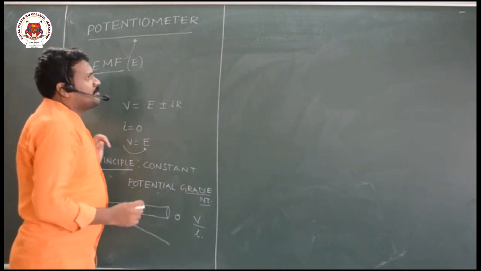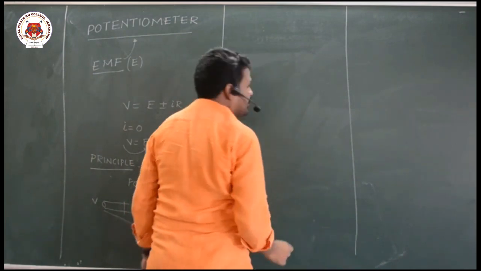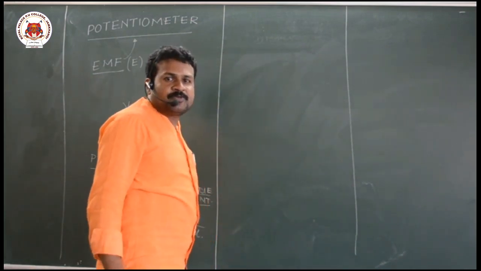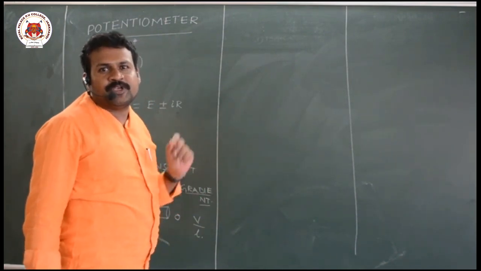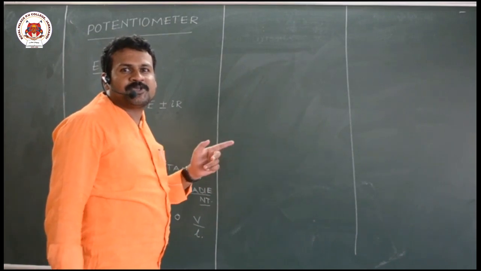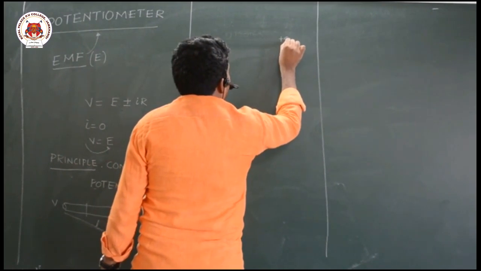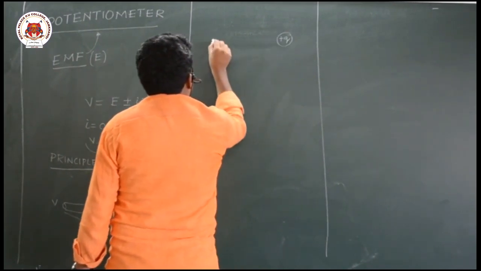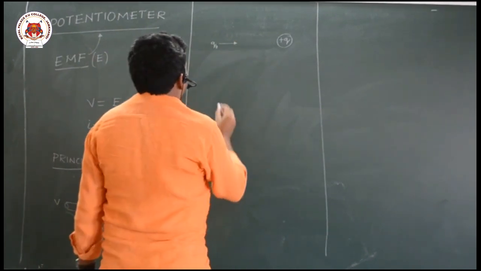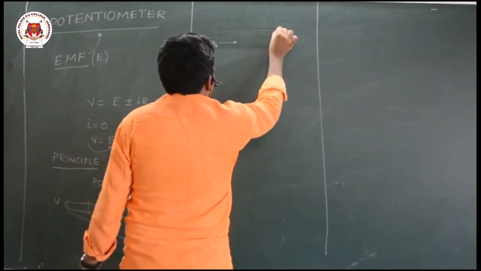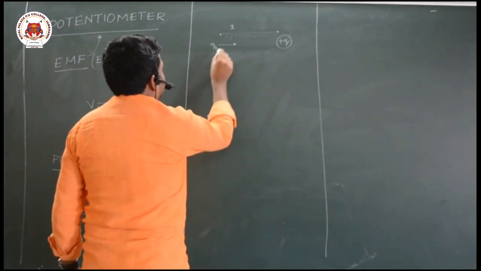Now, what is the definition of potential? Potential is defined as the amount of work done per unit charge against the electrostatic force of repulsion. Let us consider a positive charge, and we are bringing a test charge towards it.